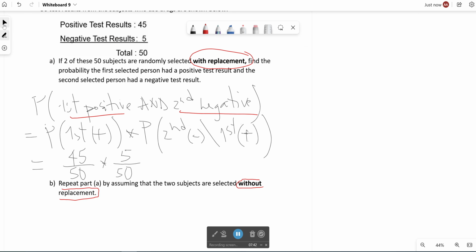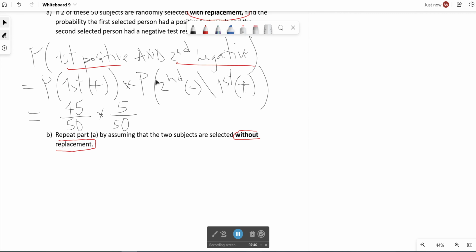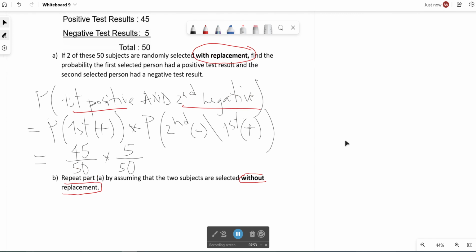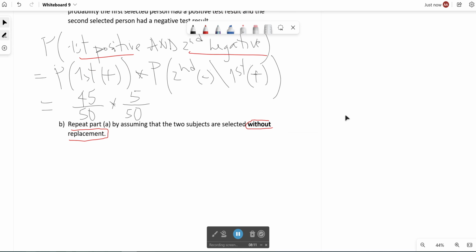So this time around, things do change, because knowing that the first person was picked among the 45 folks that tested positive, by the time we pick the second person, the selection pool is not 50 anymore. It's gone down to 49 folks. So we still apply the product rule.